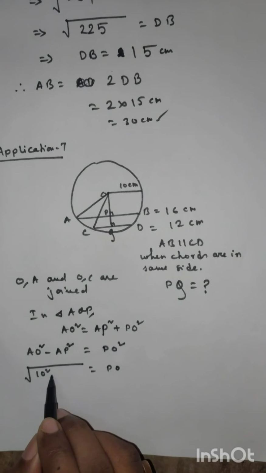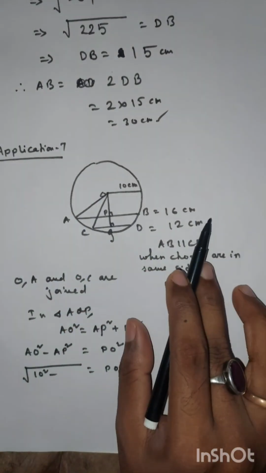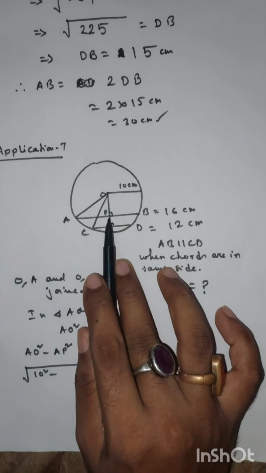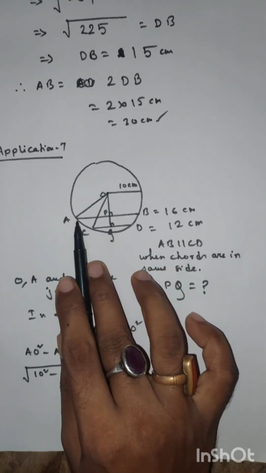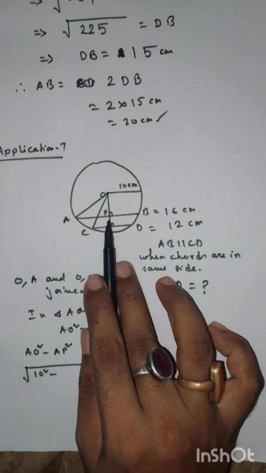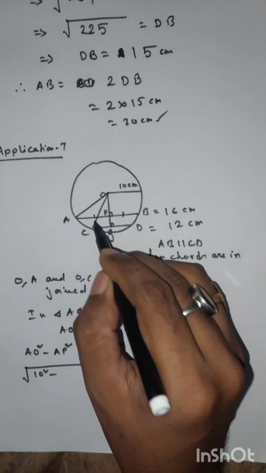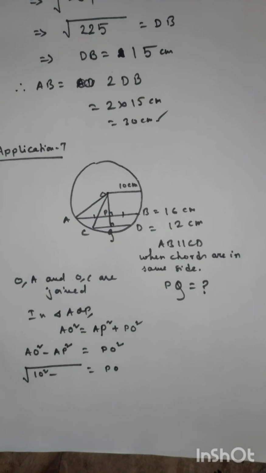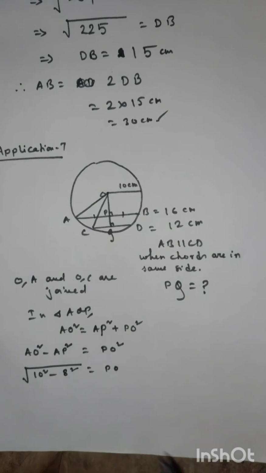AP is the half of AB. Why? Because we know a perpendicular drawn from the center to a chord always bisects it. So this part is equal to this part. AP equal to PB. So we can say AP equal to 8 square.